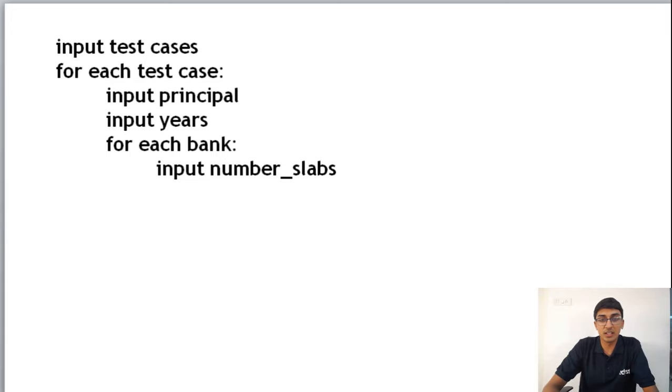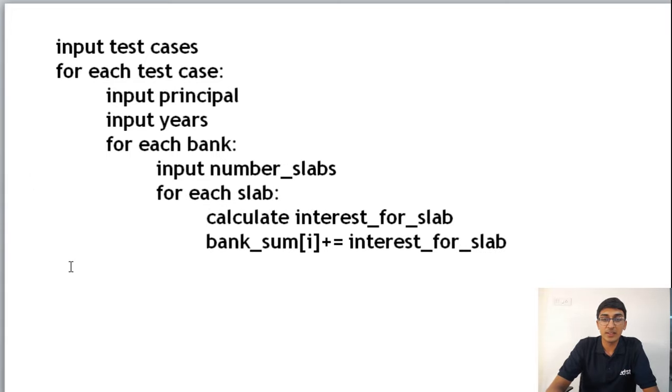Once you've taken the number of slabs, for each slab we should calculate the interest for that slab. How do we calculate the interest for that slab? By taking the input of the interest rate and by taking the input of the number of years. And once we code this, you'll understand that. Then you calculate the interest for that slab and you add it into your bank's sum.